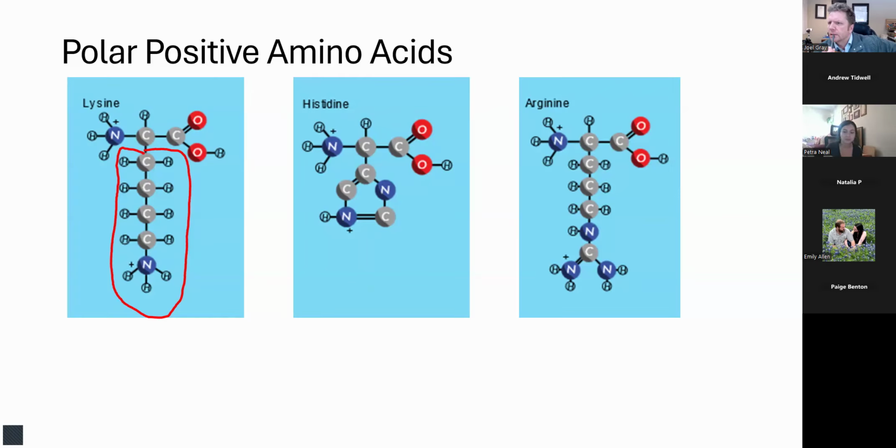Anna says, at what point should we get the structures and codes memorized? Is this test 1 material? Yes, it is test 1 material. It's also going to be throughout the semester, so the sooner the better.